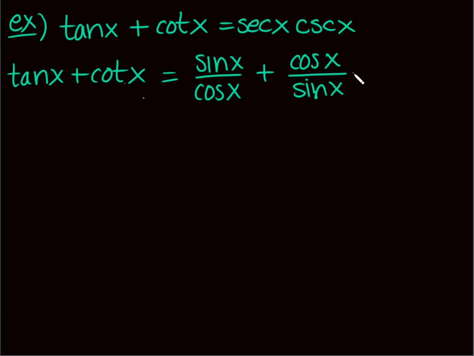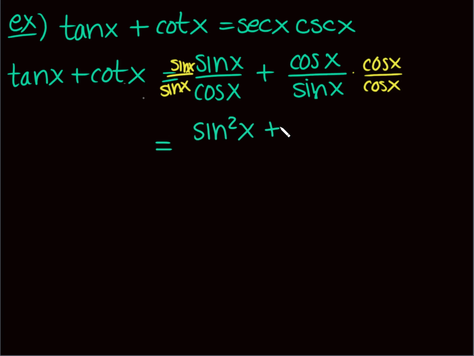Well, this one needs a cosine, and this one needs a sine, so I'm going to put sine x over sine x for this one. Now I'm ready to get my common denominator. This guy in the numerator is going to give me a sine squared, this guy in the numerator is going to give me a cosine squared, and then I'm going to write the denominator as cosine x times sine x, or sine x times cosine x.